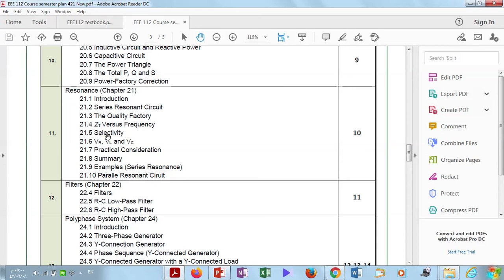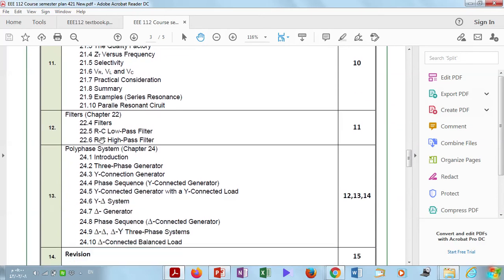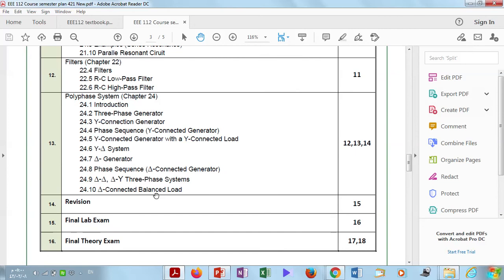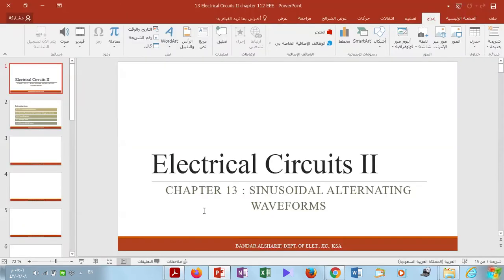We will have the details later, inshallah, and filters. At the end of this semester, for 3 or 4 weeks, we'll talk about the three-phase system: all types of connection, and how to calculate the source side or load side. We will concentrate on the three-phase system at the end of this semester.